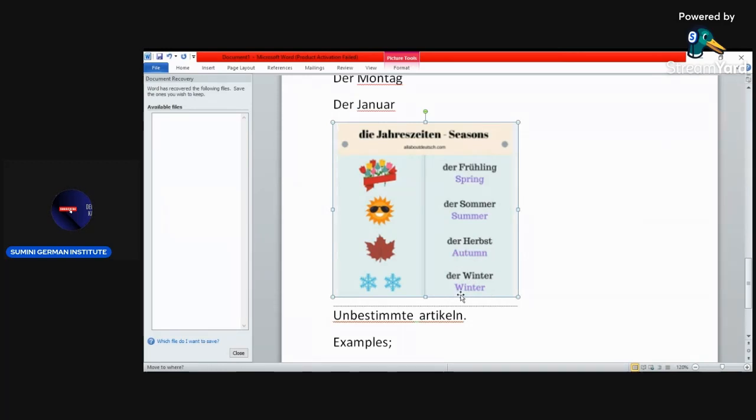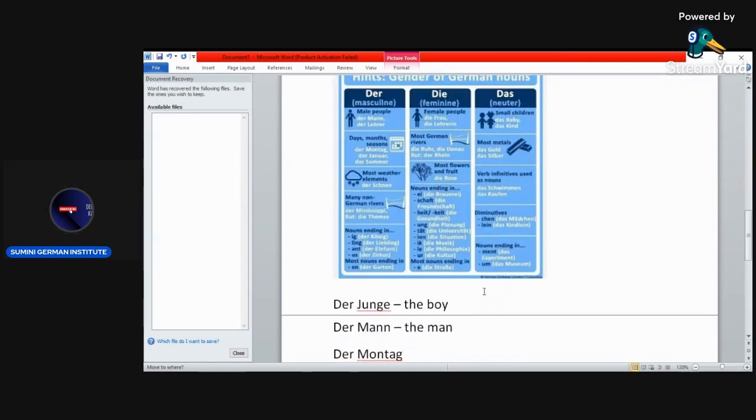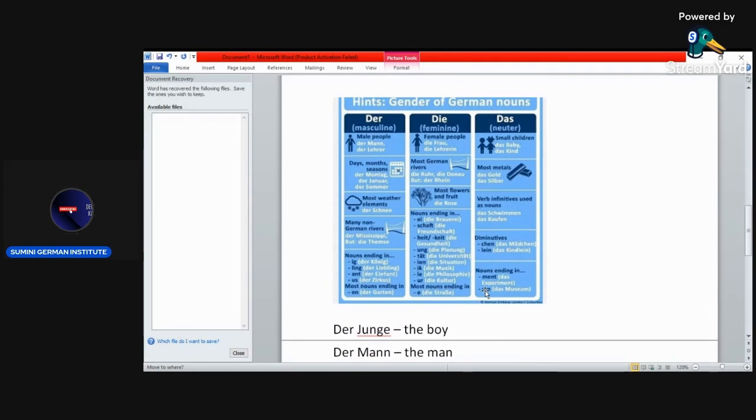The seasons themselves are all masculine, the four seasons: spring, summer, autumn, and winter. But the word seasons is feminine, die Jahreszeiten. So how do you know that I'm supposed to use masculine? Male people, days of the week, months, seasons.